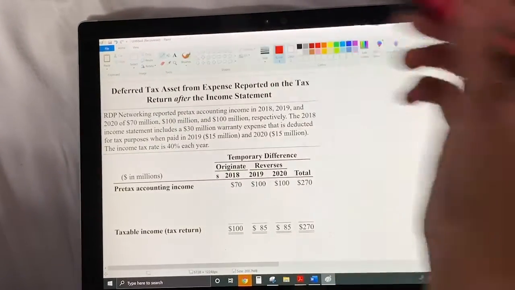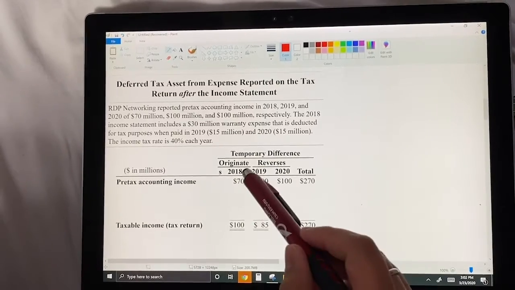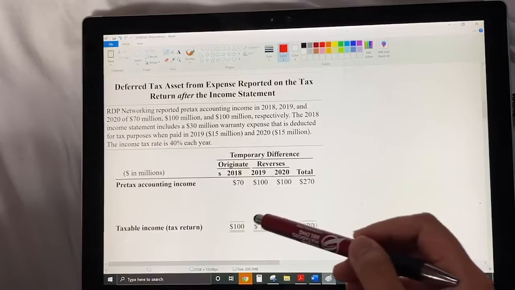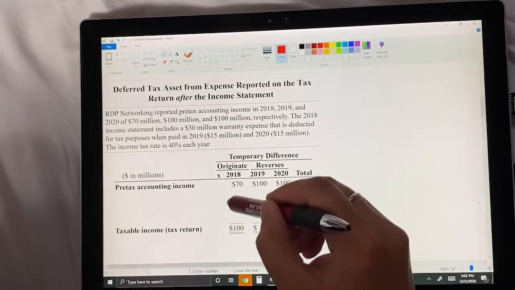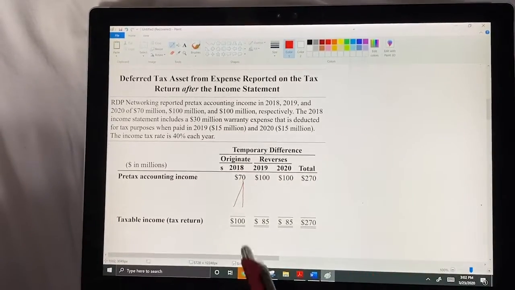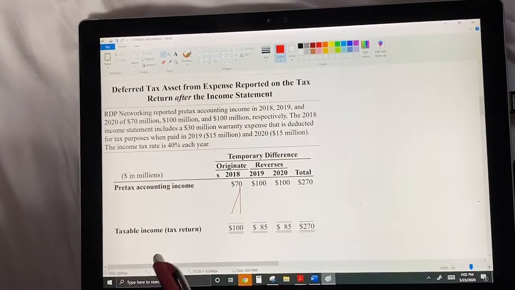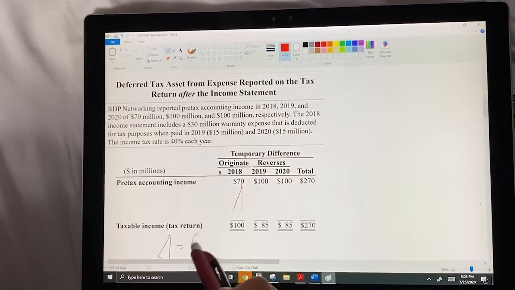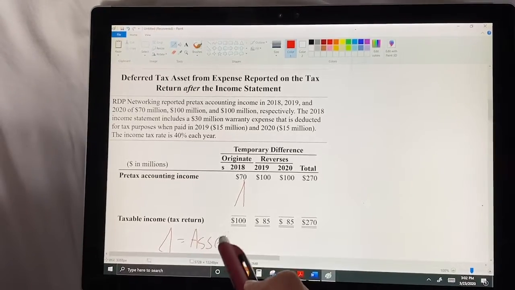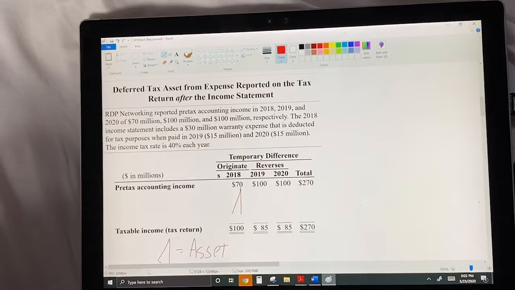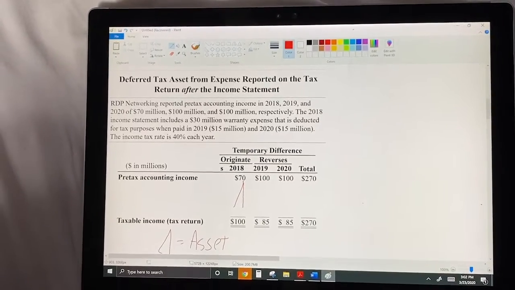Now we're going to compare $70 versus $100, and we see that 100 is greater. So again, it's that sign, I'm trying to show that it's greater. This sign equates to asset, that's the little trick. And now you do your journal entry.